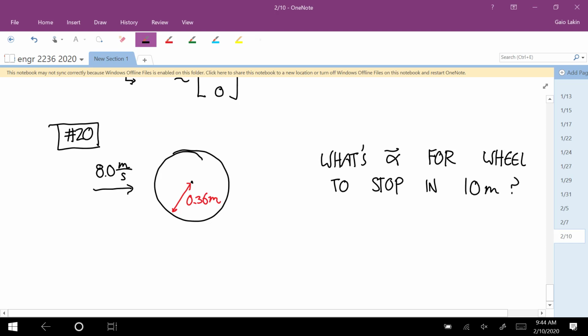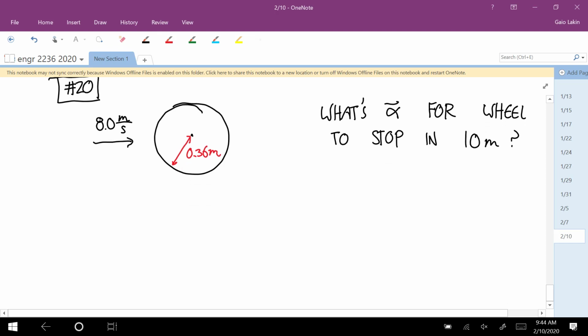Okay, so we can figure out the acceleration of the center that's required if this is C. If we use this equation, 2a times p minus p0 is equal to v squared minus v0 squared. That's from physics 1.